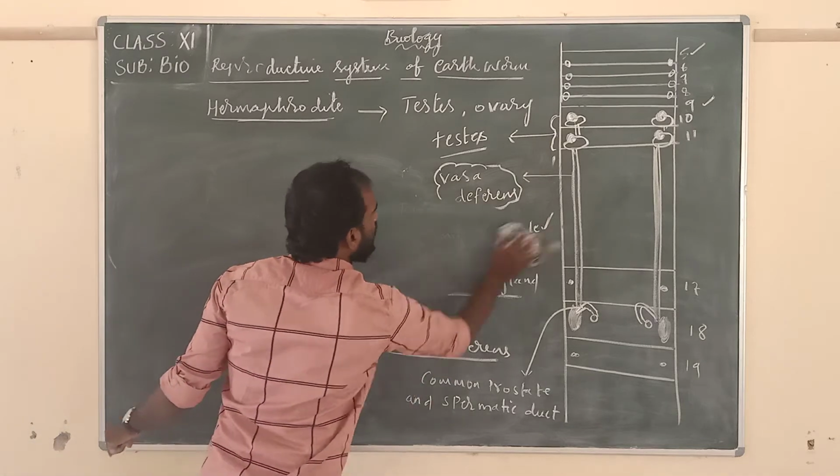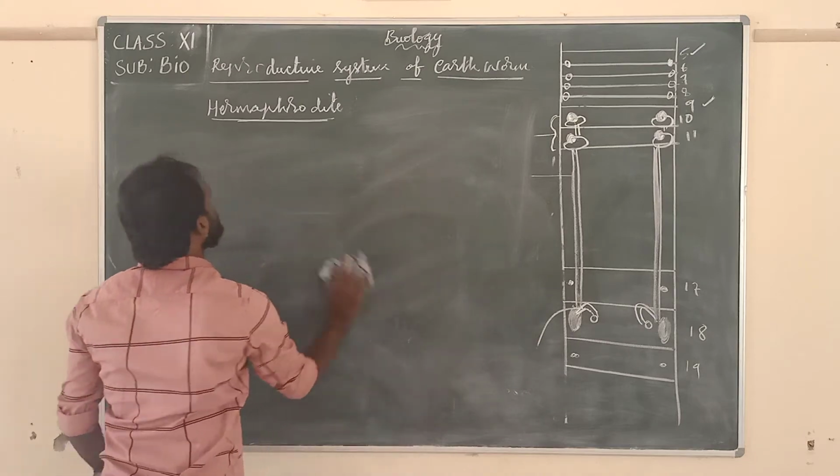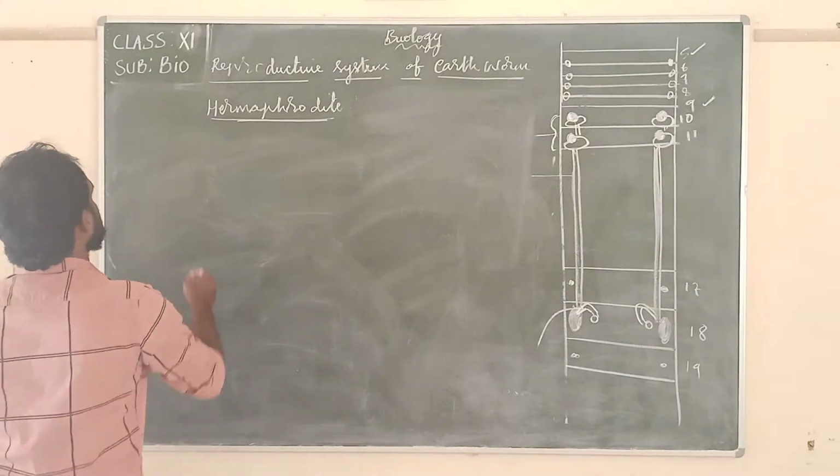Now let us see what are the parts present in the female reproductive system of the earthworm.